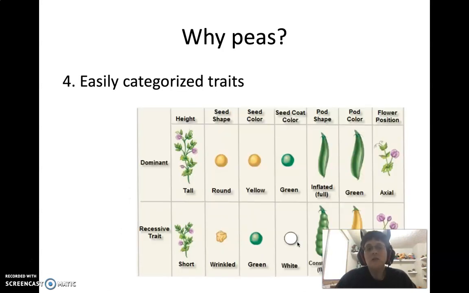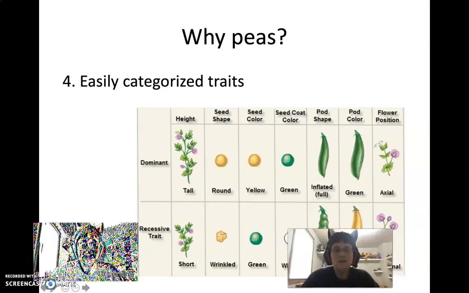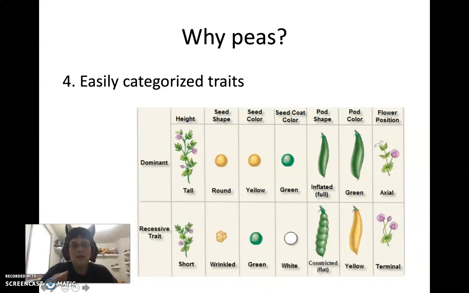One last reason why Mendel picked peas, and he got really lucky with peas, is that they have lots of characteristics that fall into good categories of either or. So pea plants, the variety that he used, are either short or tall, no in between.